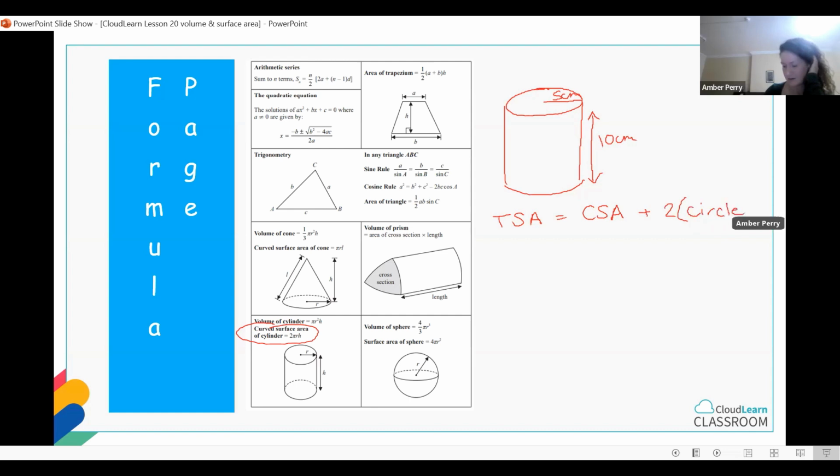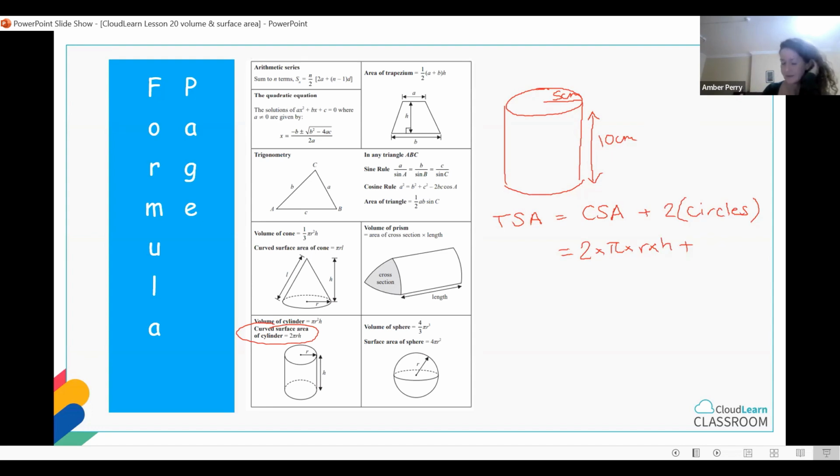I'm going to write that out so you can see. Now the curved surface area is what we've just talked about. It's imagining opening that label from the baked beans tin, or you can look at the formula book and just see it written there. It's 2 times pi times r times the height, plus the circle on the top and the circle on the bottom of that tin.